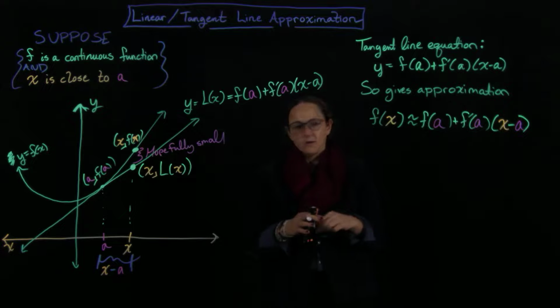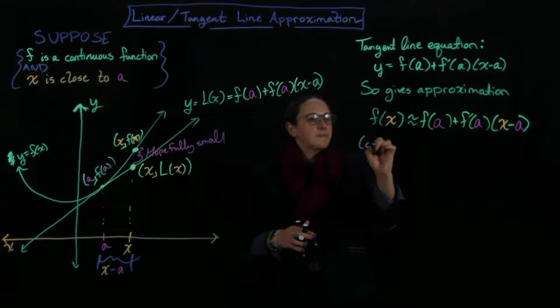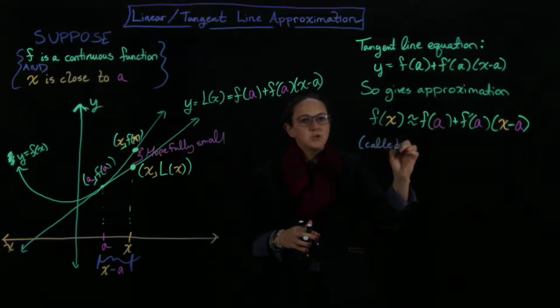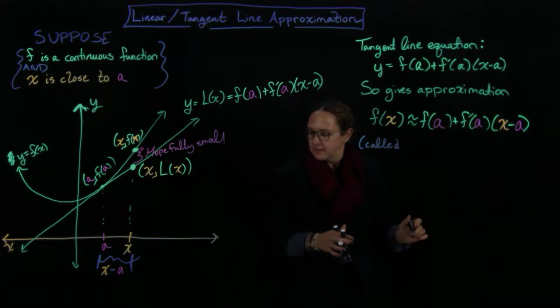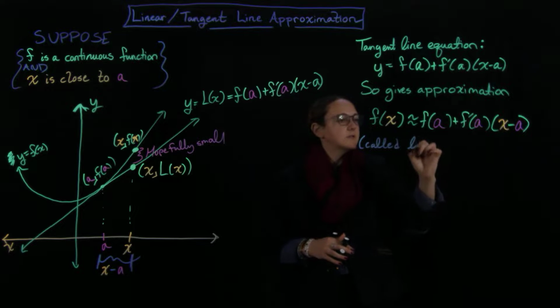Okay, so what is this called? This has maybe two names. This is called the linear approximation or tangent line approximation.